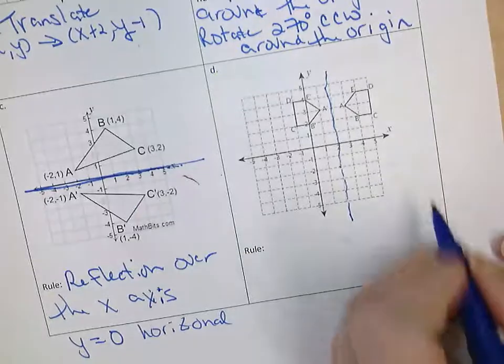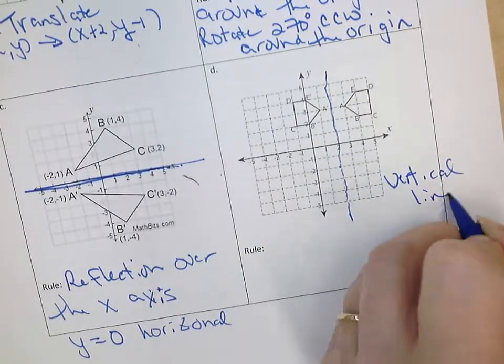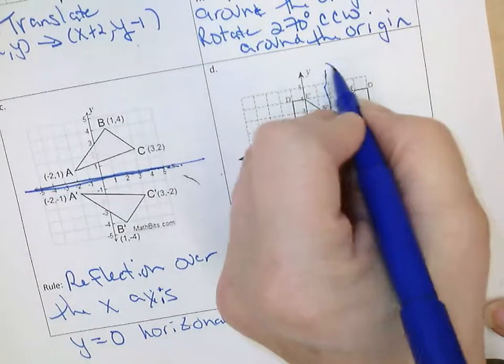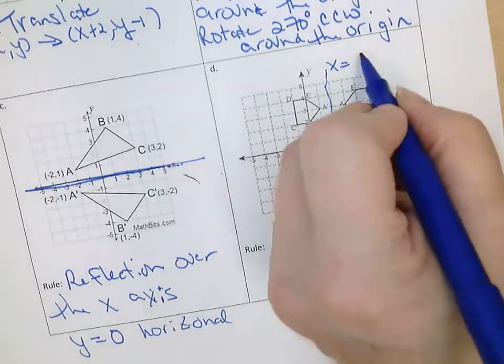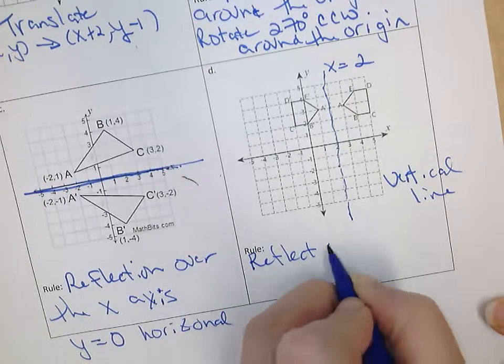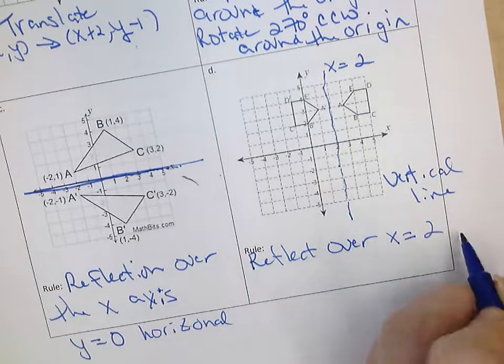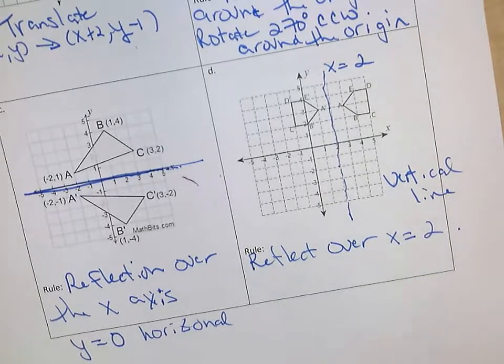So we are doing a vertical line, and that is x equals, where are we at? 2. So we write reflect over x equals 2. So we're just flipping that directly over x equals 2. And so it makes it nice and neat.